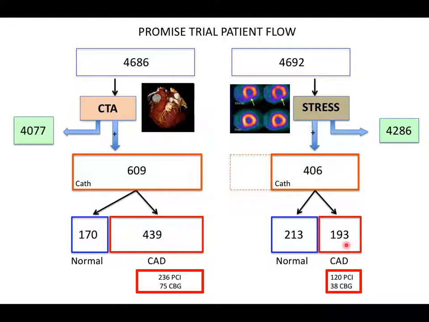Here, 193 had disease on cath. A huge difference in detecting disease burden between CT and SPECT. Not surprising, right? Granted, you had to treat twice as many people over here as you did here. So it's a more expensive life because you discover disease you have to treat, right? So that's not great for the insurance company. That's not great for Medicare.